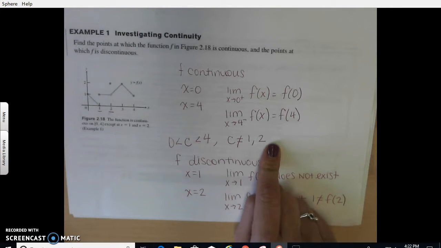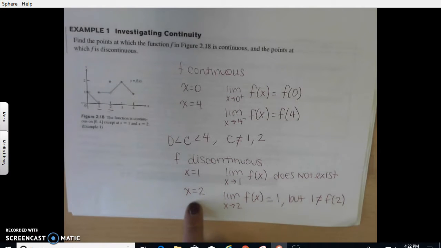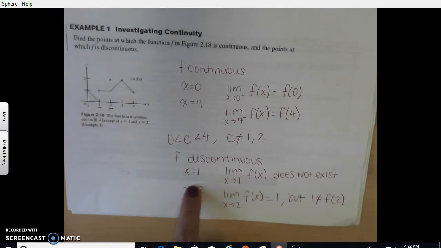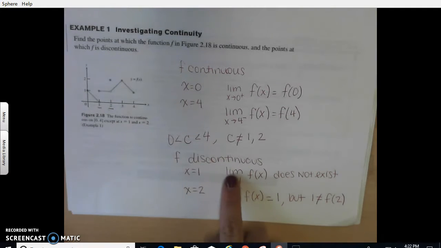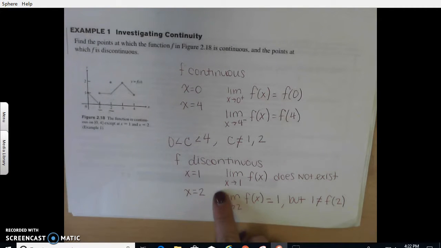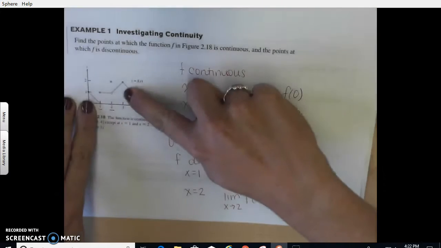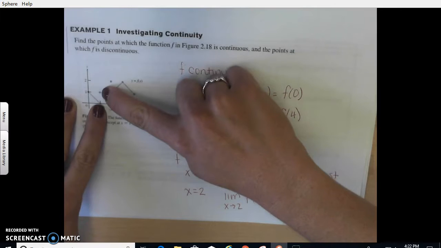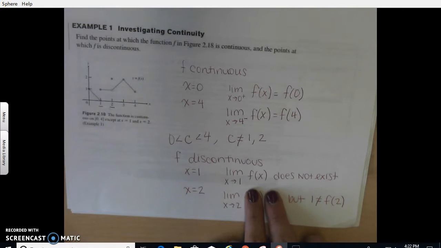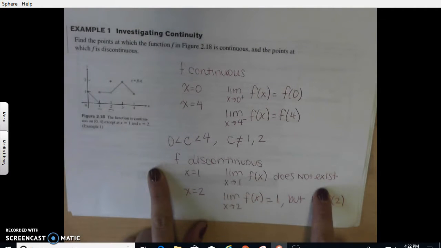The reason we don't include 1 and 2 is because we have points of discontinuity there. So at x equals 1, we want to find the limit of f of x as x approaches 1. From the left, we're going towards 0, and from the right, we're going towards 1. Since our limit does not exist, we are discontinuous at x equals 1.